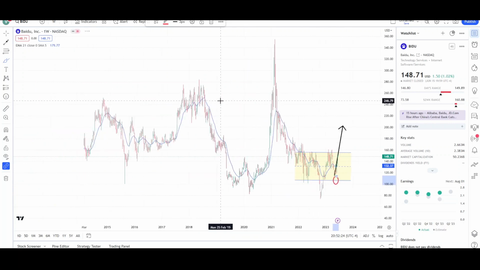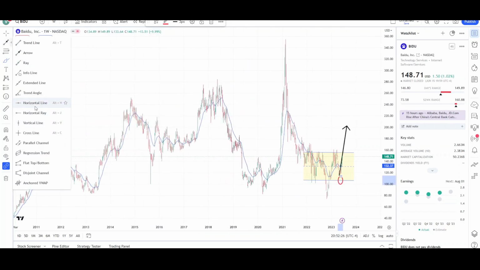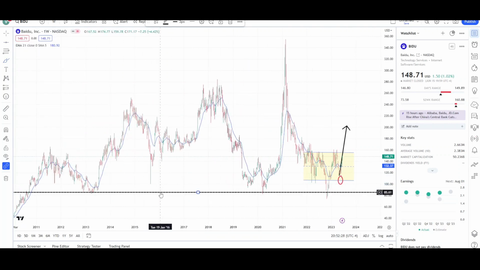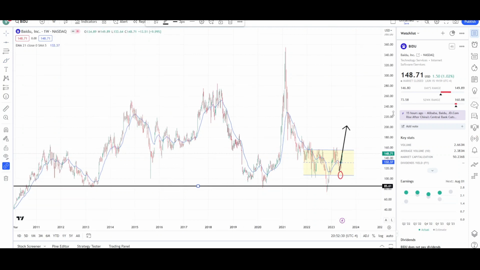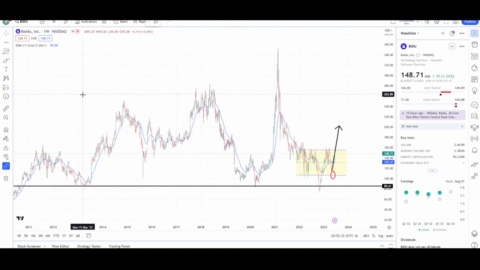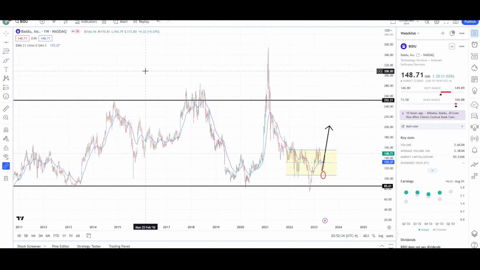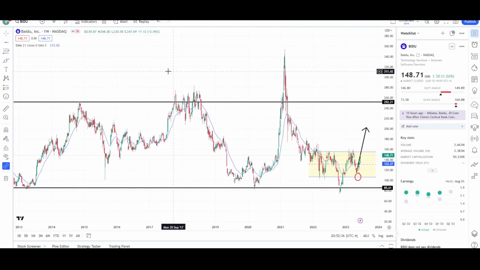Also, if I zoom out further, you can clearly see that most of the bull markets started right around this 85 level, and then reversed all the way up to at least the 252 level. So Baidu is basically inside of a big range. In 2013, it hit the 84, 85 level, and then went all the way up to the 251 level. It came very close in 2015, coming up to the same level.